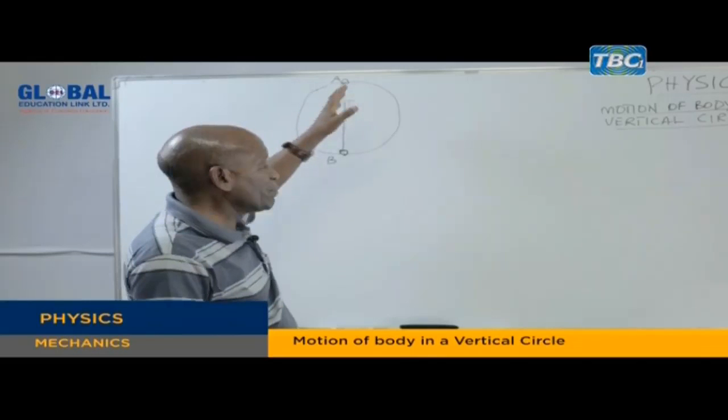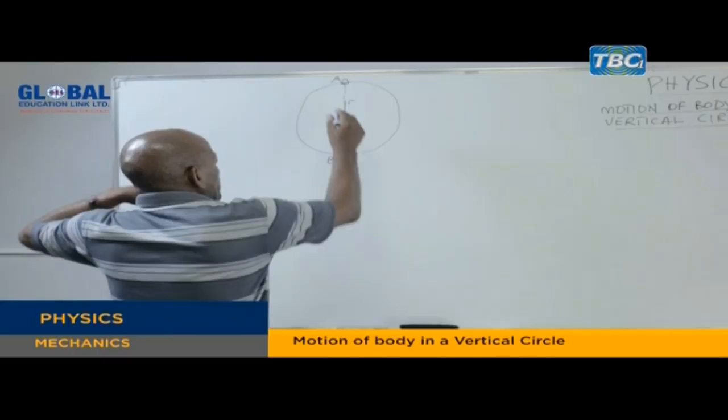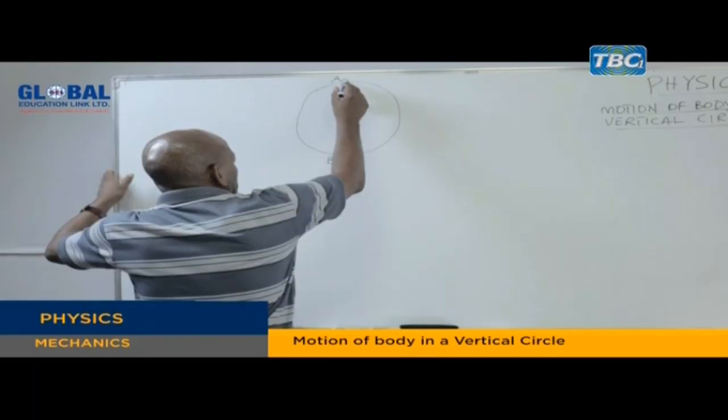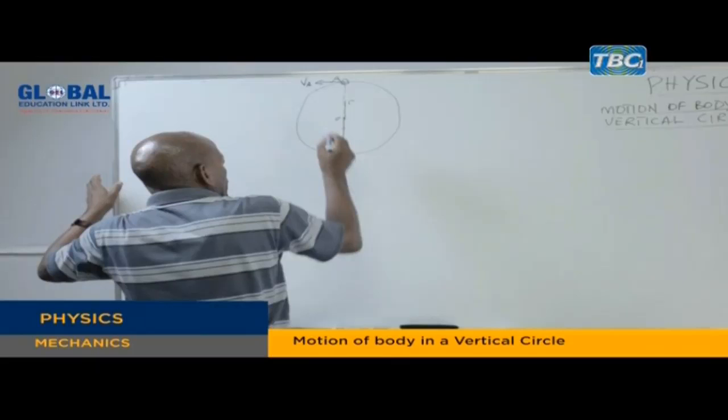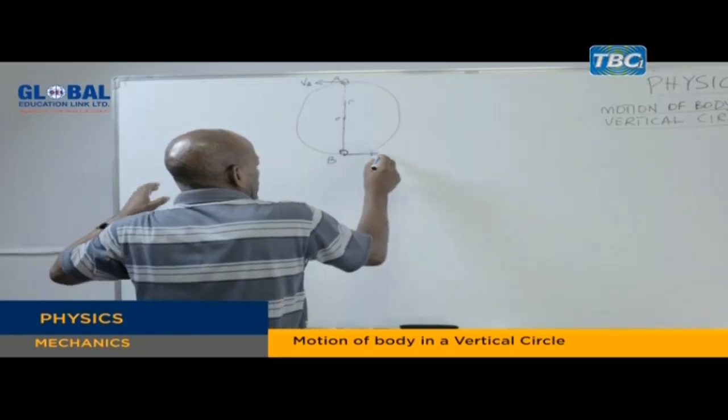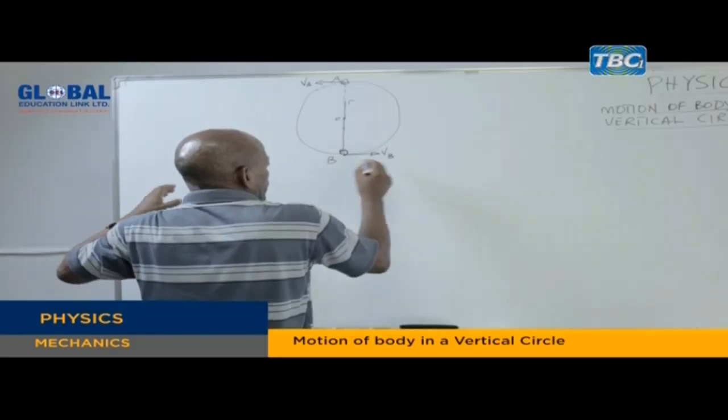What will just be the minimum velocity of a bucket whenever it passes at the top there? Let me call this VA. And the maximum velocity whenever a body is passing at the bottom, which is VB.